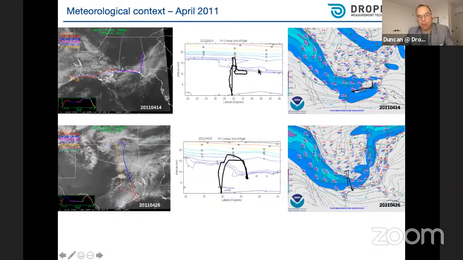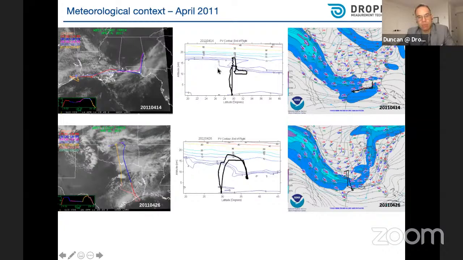So this is poleward here to the right of the figure. So the front is located at about this location. You see the change in the elevation of this potential vorticity contour, and it indicates that there's a stratospheric intrusion here.